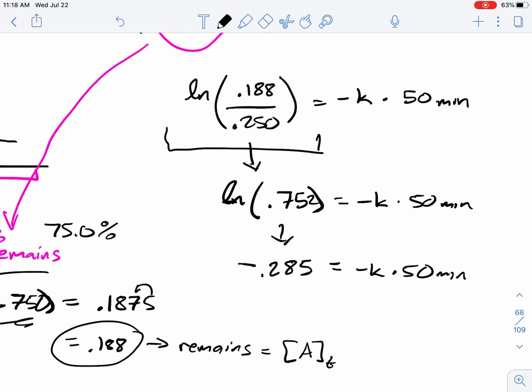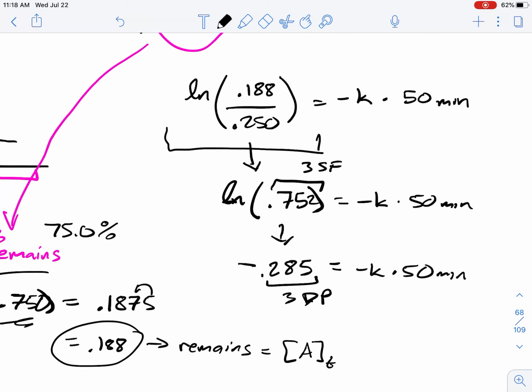Since I have 3 sig figs, I need 3 places after the decimal, so 3 decimal places.